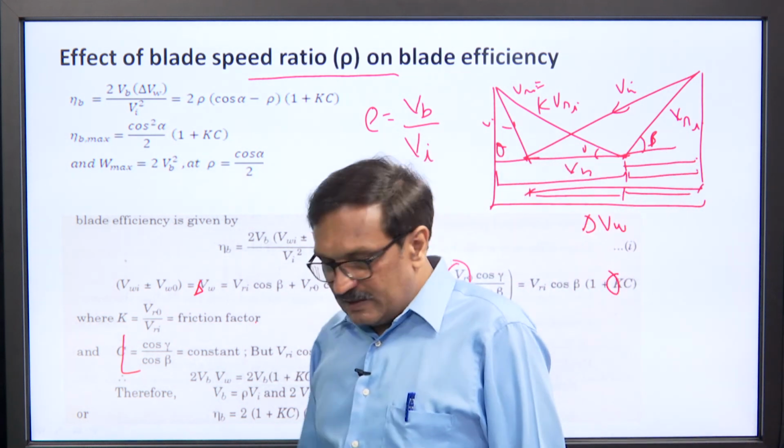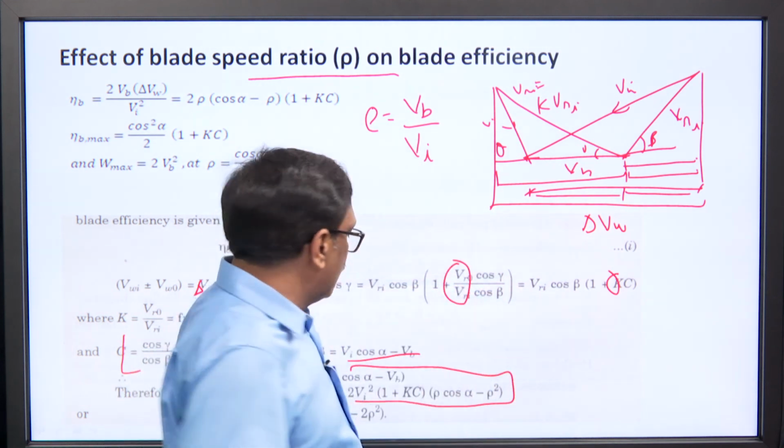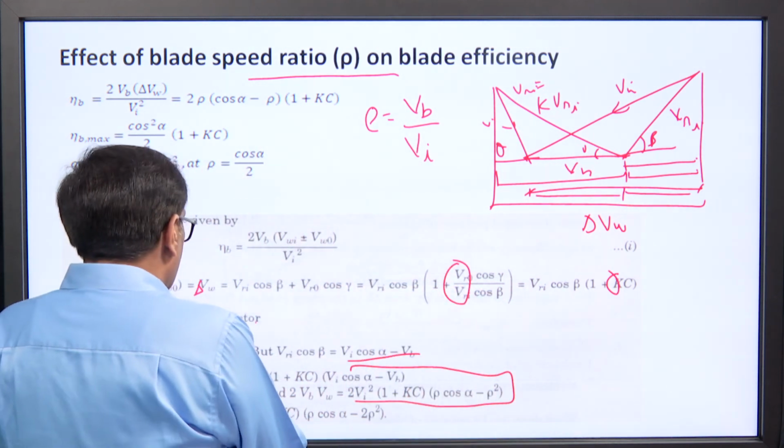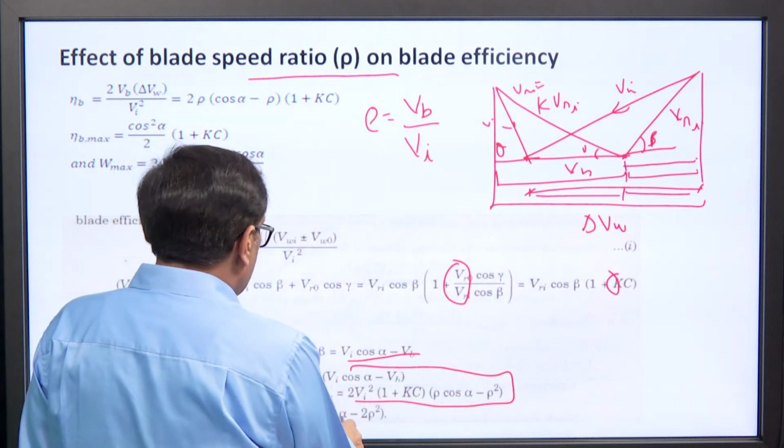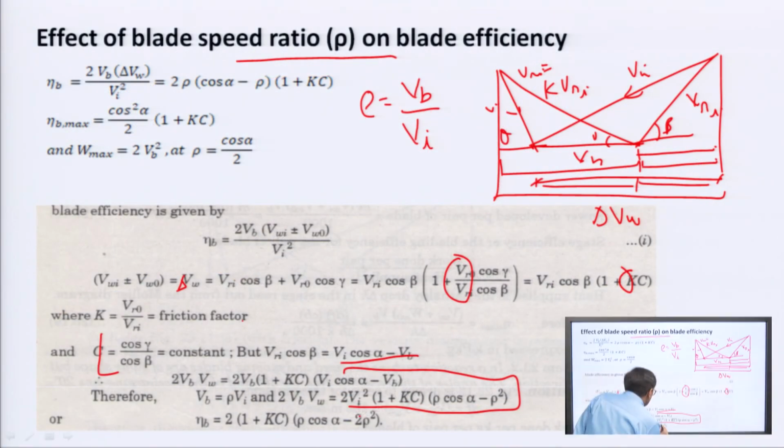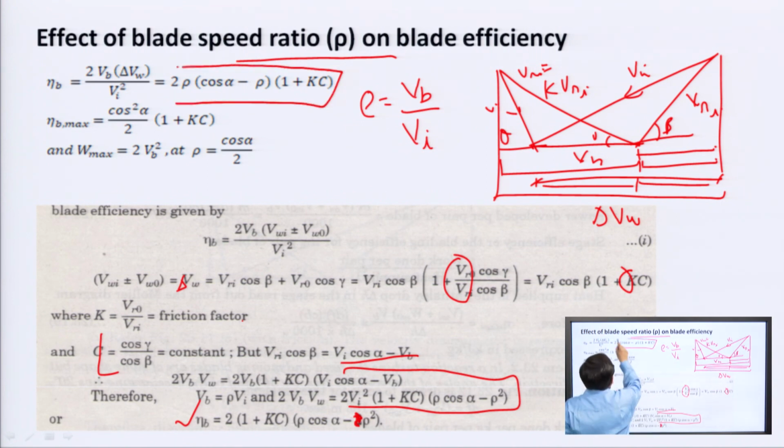Okay. So, the efficiency of the blade from here we can say is going to be 2 (1 plus k c) rho cos alpha, sorry, this 2 is not going to be here, minus rho square. This is the equation of the efficiency, and that is nothing but 2 rho cos alpha minus rho square, with the square there.